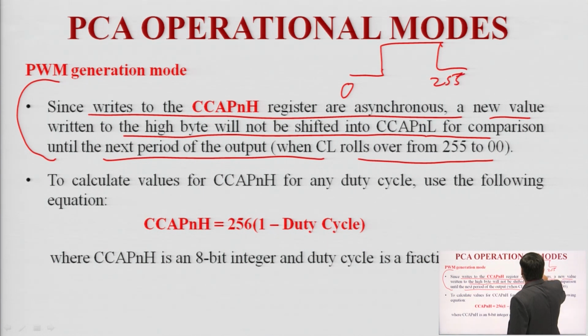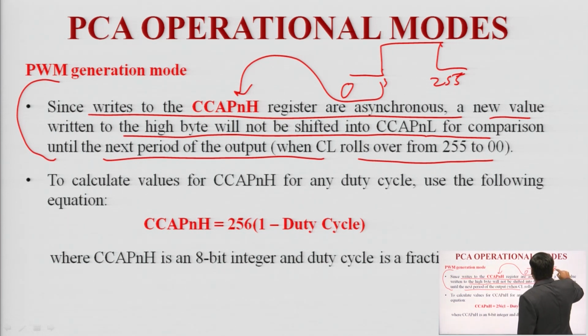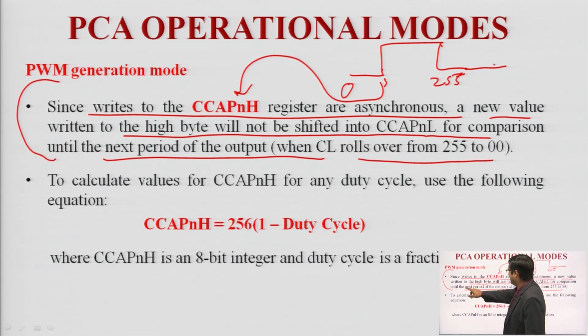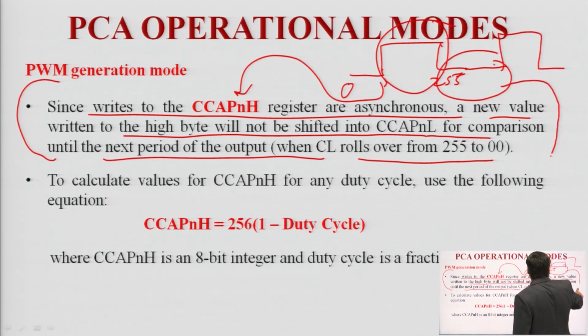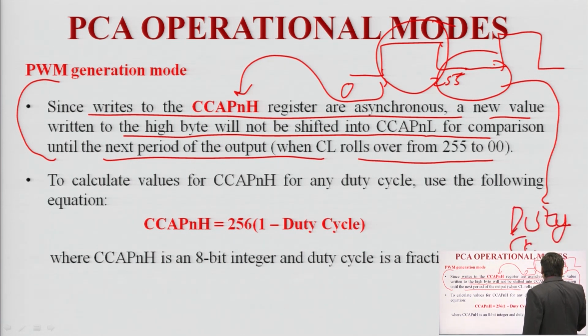Here the value represents the value of the CCAPnH. So when it rolls over from the maximum value 255 to 00, the next transition will occur. And the percentage of on or off depends upon the duty cycle value. We will see with some example.